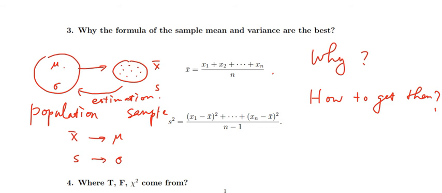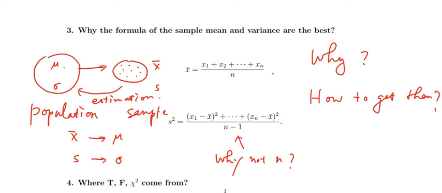And we can also ask why we divide by n minus 1, not divided by n. The answer is because dividing by n minus 1 is better than dividing by n.